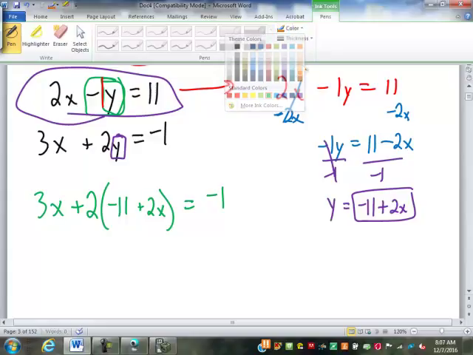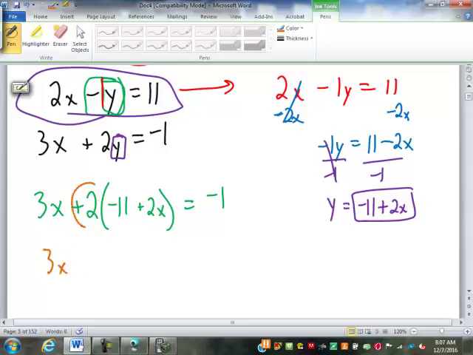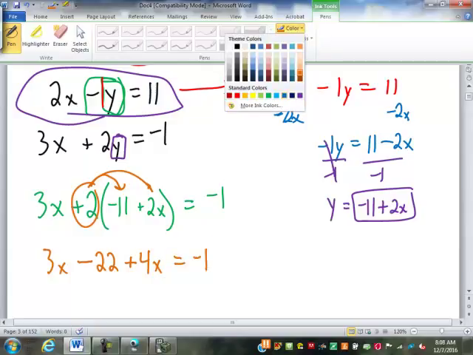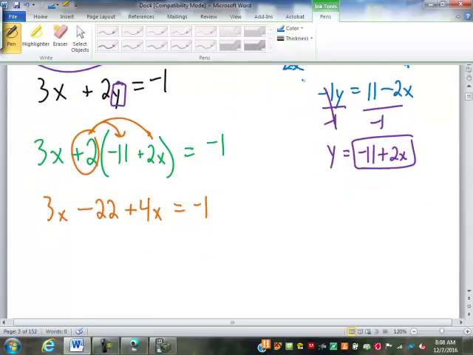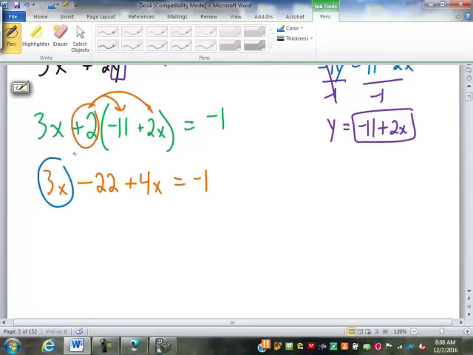So now I solve. I have to deal with my parentheses. So 3x up here doesn't change. Positive 2 times negative 11 is negative 22. Positive 2 times 2x is positive 4x, equals a negative 1. And then 3x and 4x make 7x minus 22 equals a negative 1.